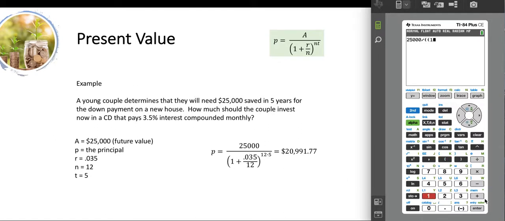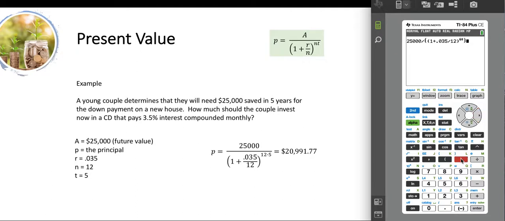I'm going to start another parenthesis for this parenthesis. So I'm going to type 1 plus 0.035 divided by 12. Close that parenthesis and raise that to the 12 times 5 power. I'm going to type 60 here. That's 12 times 5. And what you want to do now, I'm going to use this arrow key to get out of the exponent.